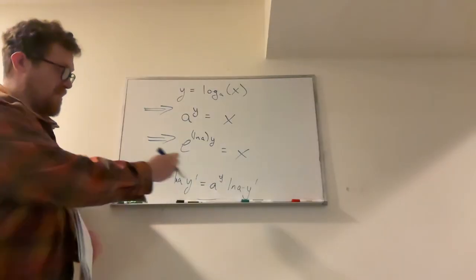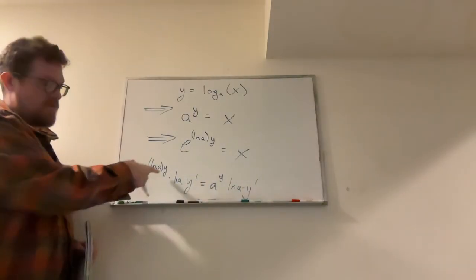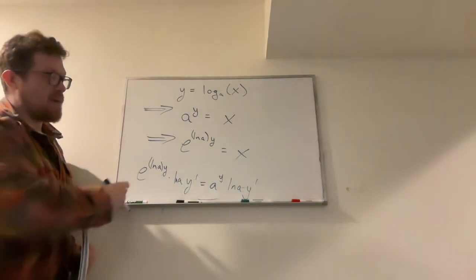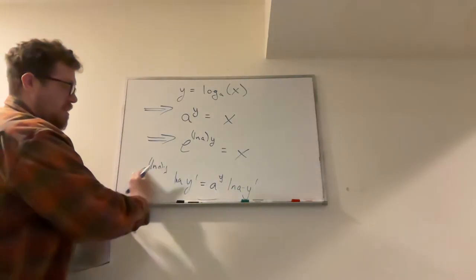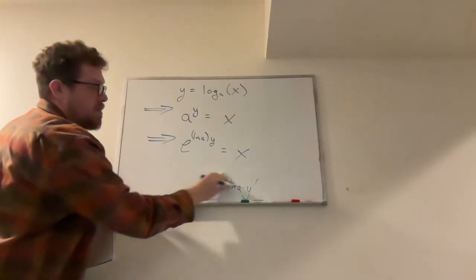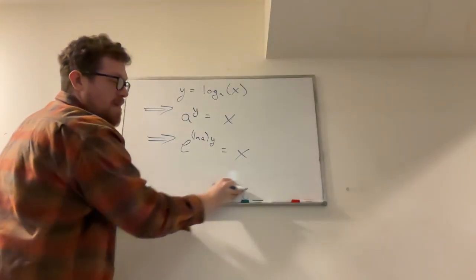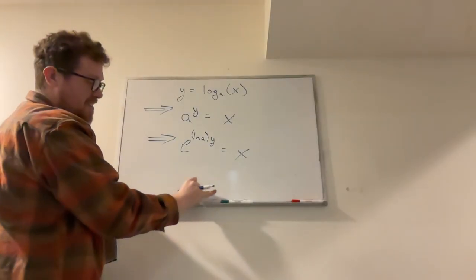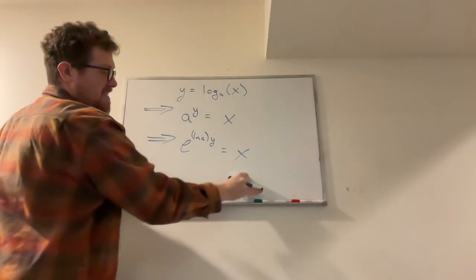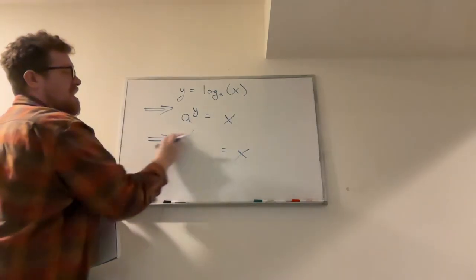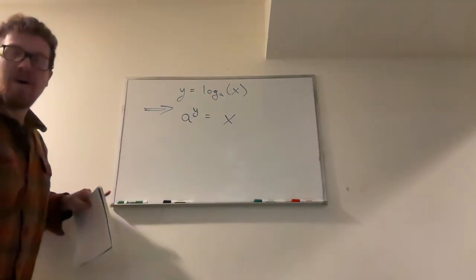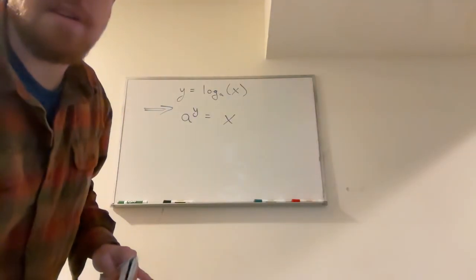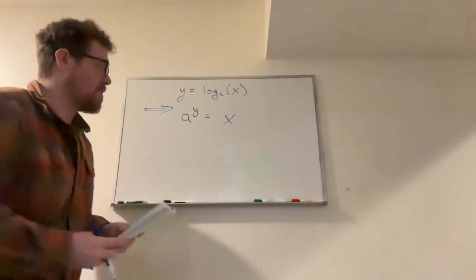But if you're not really sure, the way you derive it is you change everything into e to the x, and then you use the derivative of e to the x. So maybe if you're a little confused about what I just said, you can look at the video later and pause it and go back. But we're going to skip that. We're just going to assume that we know what the derivative of a to the y is. I just derived it, but let's just assume that we just looked it up in the book.